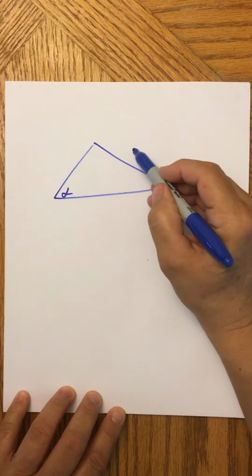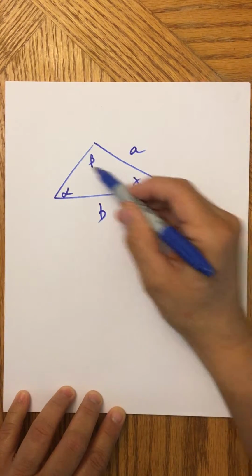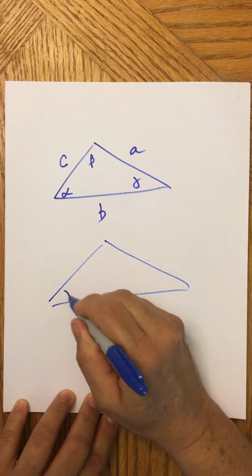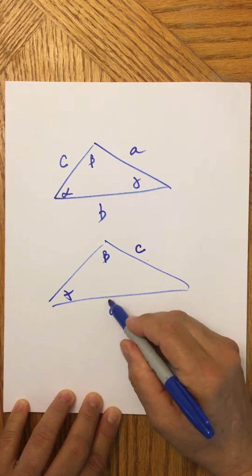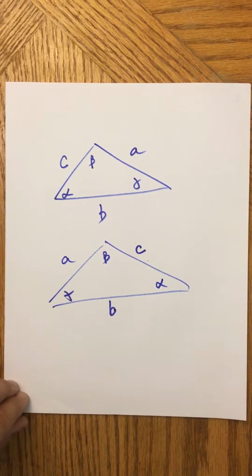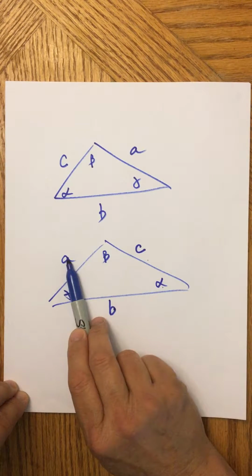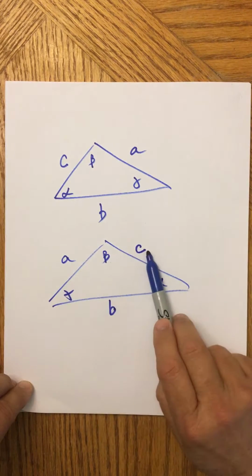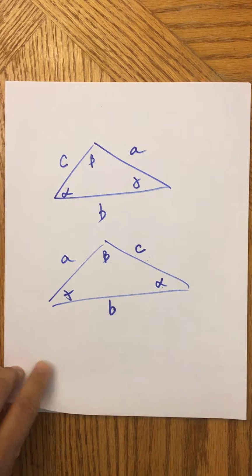So I could write alpha forms A, beta forms B, gamma forms C, or I could say gamma forms C and beta forms B and alpha forms A. So the configuration doesn't matter, but it absolutely has to be that angle alpha forms side A, angle beta forms side B, and angle gamma forms side C. So you can't switch those out. Okay?